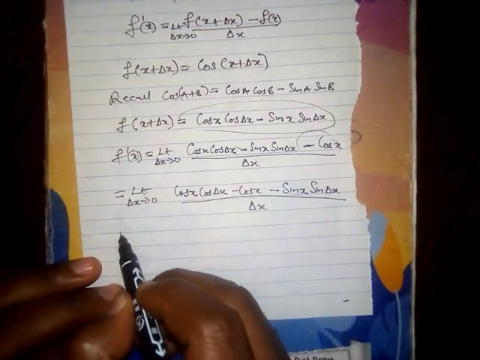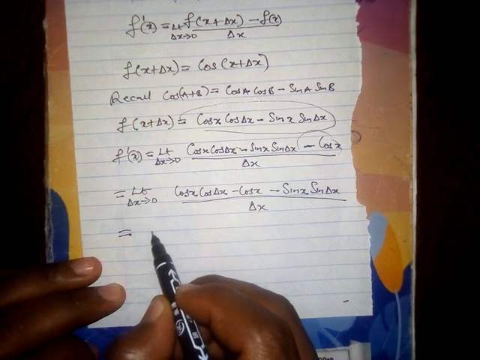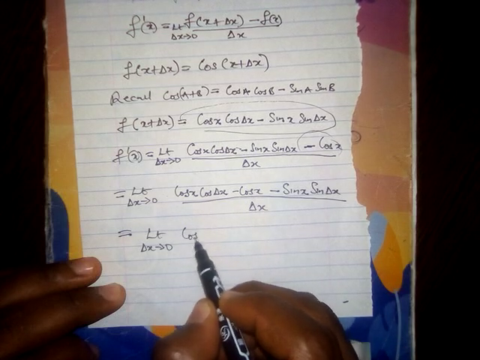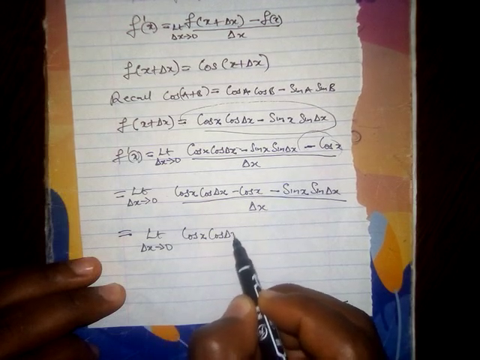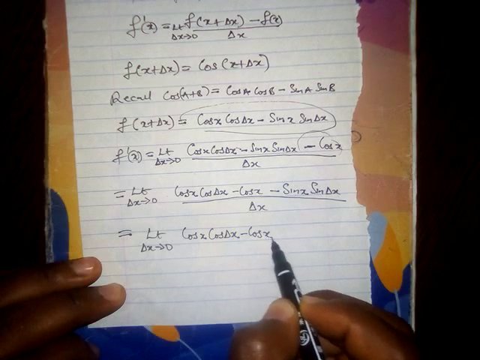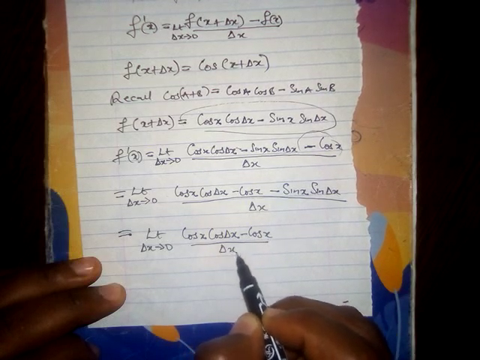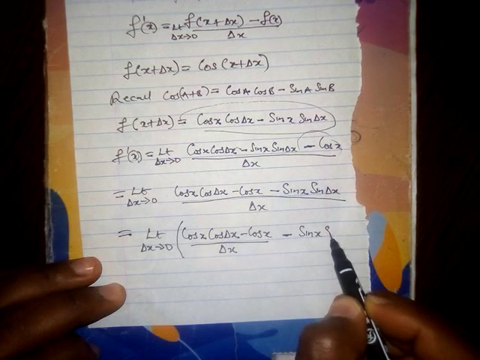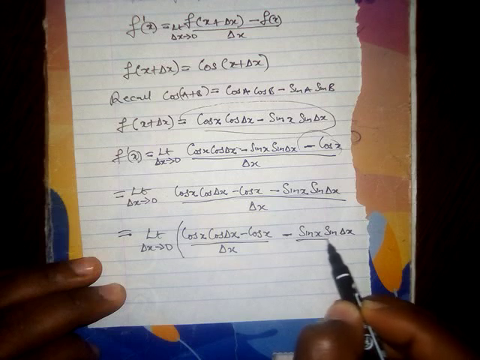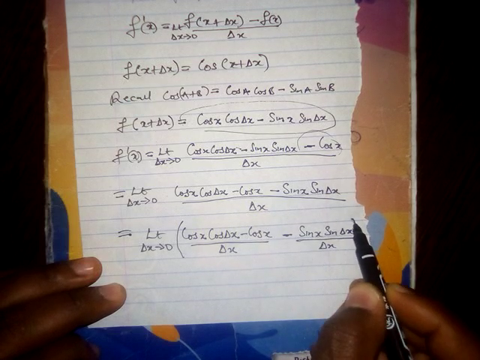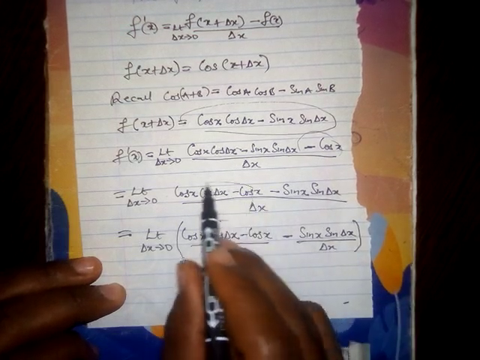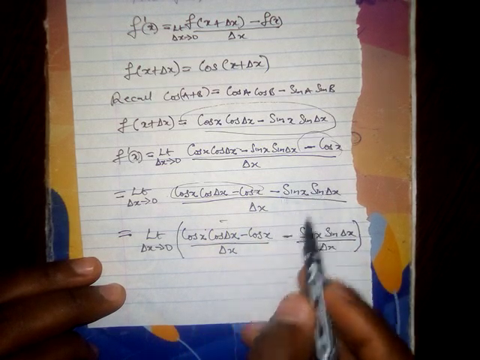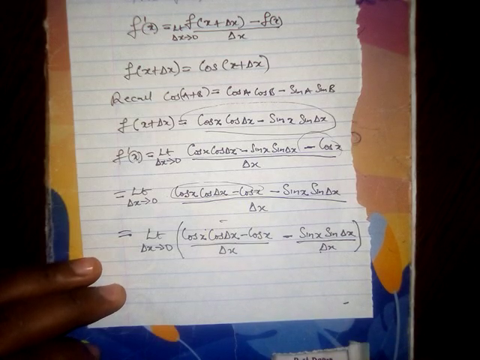I simply brought this to this side, I'm just rearranging it. So we have cos x cos change in x minus cos x all over change in x, minus sin x sin change in x all over change in x.